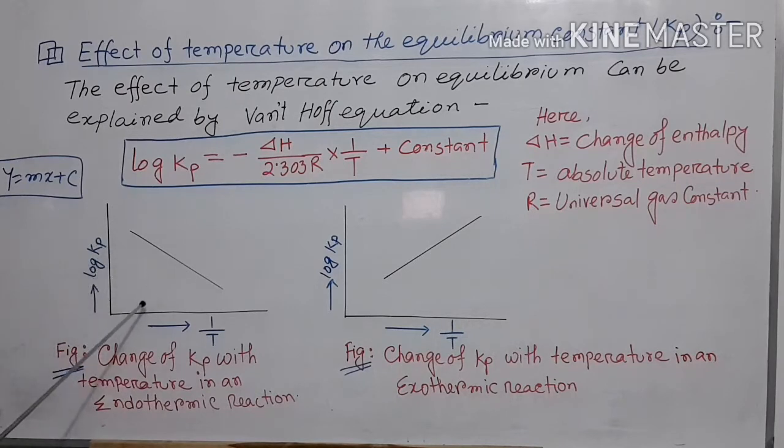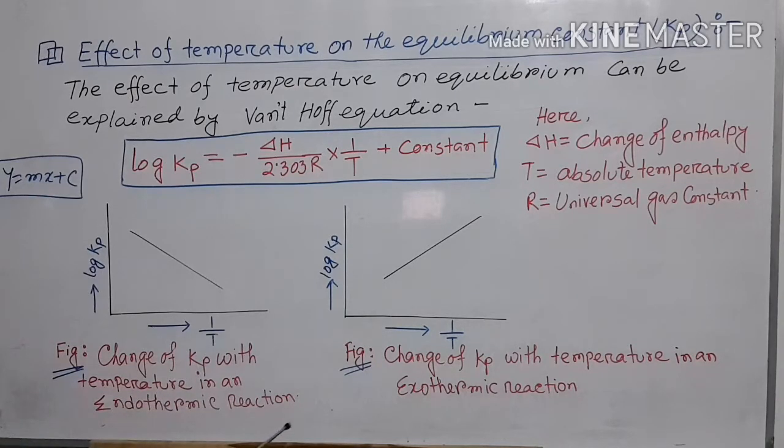If you see here, if you increase temperature, then the value of Kp increases for endothermic reaction, because if we increase temperature for endothermic reaction, the rate of reaction also increases, and that's why the Kp value also increases.